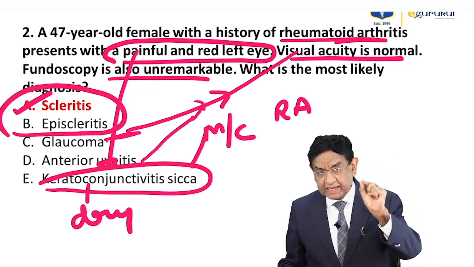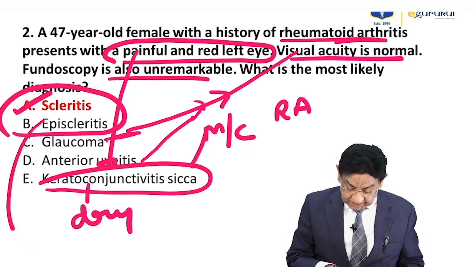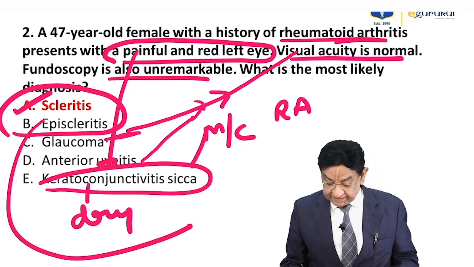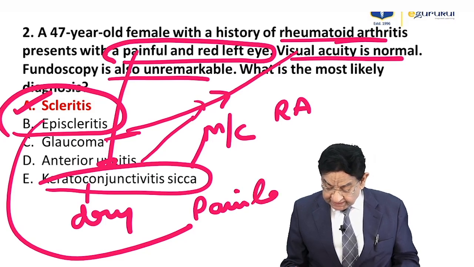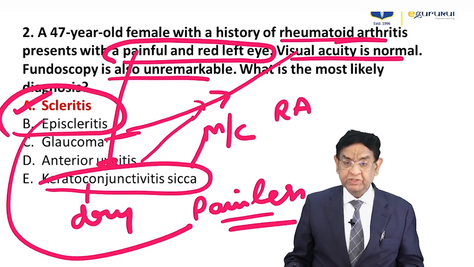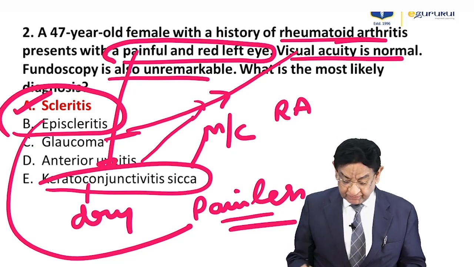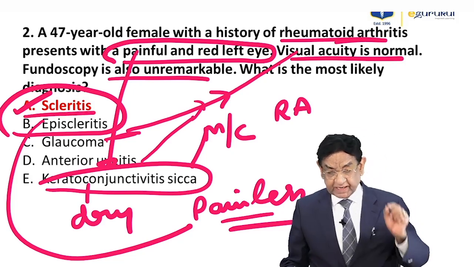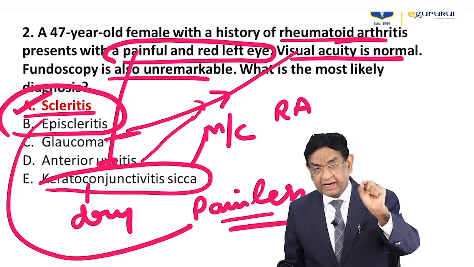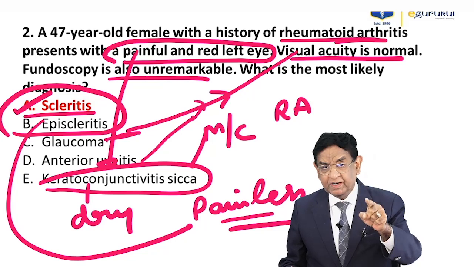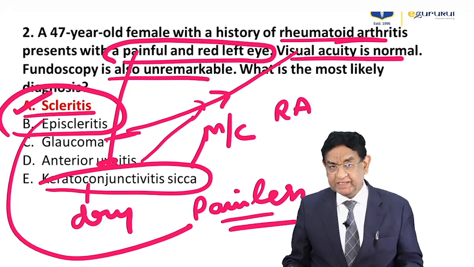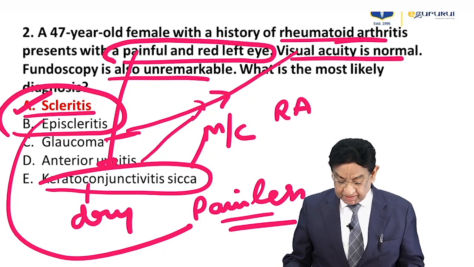In both, the sclera is involved, but the classical point in episcleritis is that it is painless redness. So after ruling out all, what we are left with is scleritis. So scleritis is the red eye that occurs in RA. It is painful, and visual acuity is normal, fundus is normal.